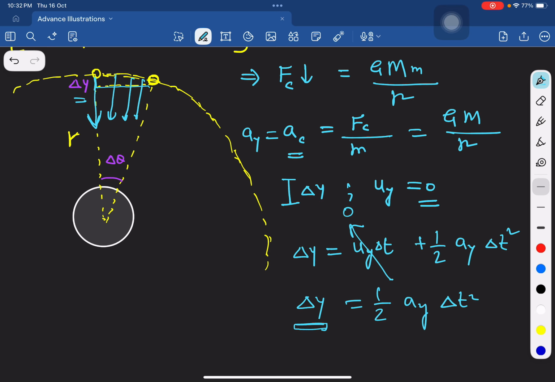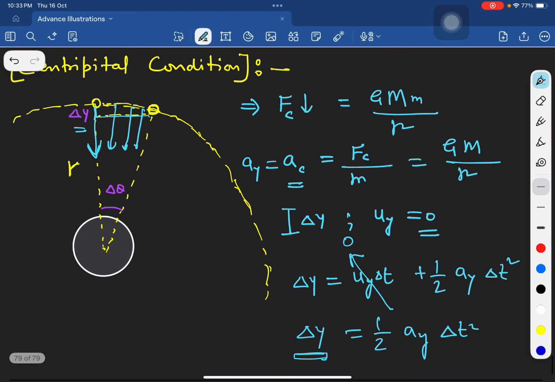So now if you see guys, this body has gone up to some distance here. This is what you can say, your delta s displacement, okay. The displacement you can say, or the distance that it has traveled.